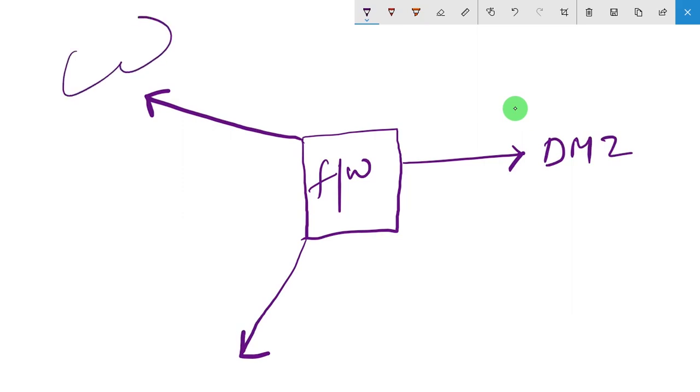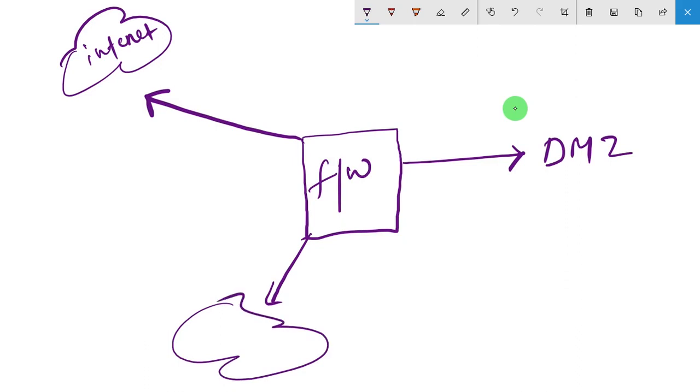This is the internet, and this is your network. So there are three interfaces: interface A, interface B, and interface C. Interface A is connected to the internet, interface B to the DMZ, and interface C to the network.